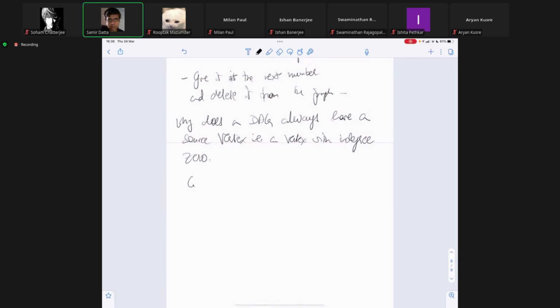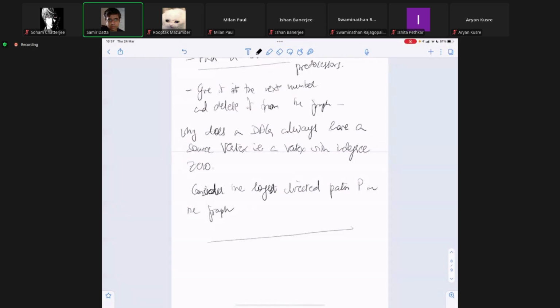So consider the longest directed path P in the graph, correct? What does this path look like?